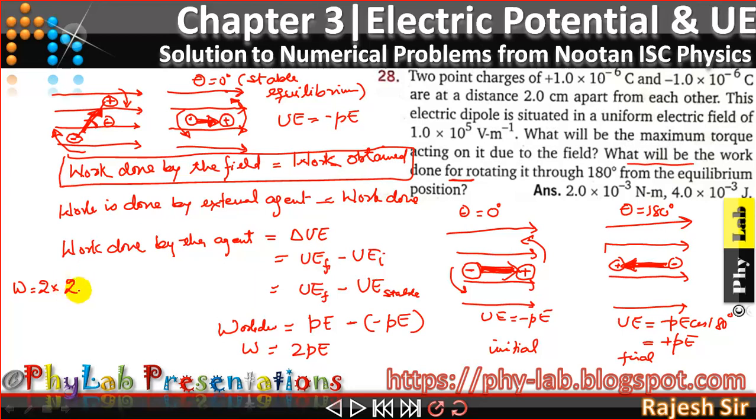Dipole moment was 2 into 10 to the power of minus 8 coulomb meter, into the magnitude of electric field, which we have just now calculated, that is 1 into 10 to the power of 5. So let's solve it out. 2 2s are 4 into 10 to the power of minus 3. The work done will be 4 into 10 to the power of minus 3 joule. And remember friends, this is the work done by the external agent.